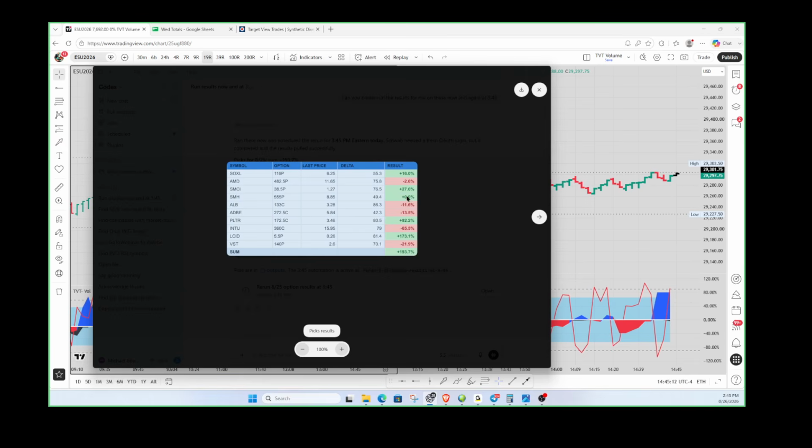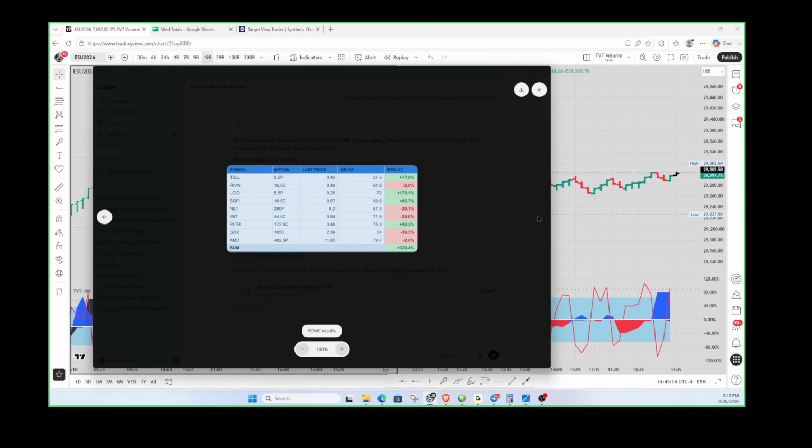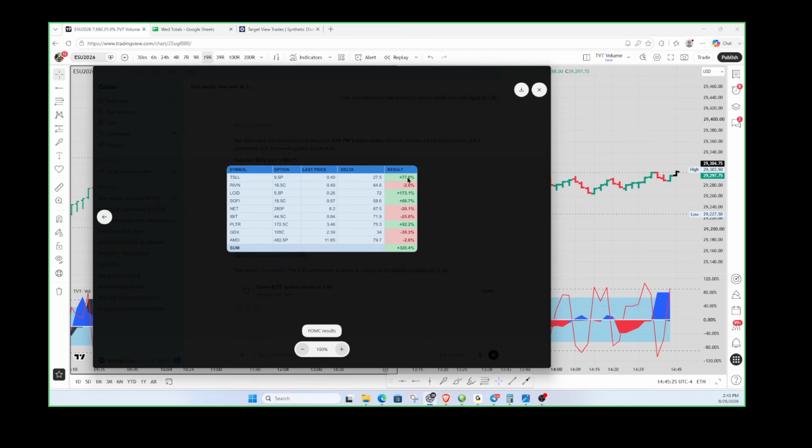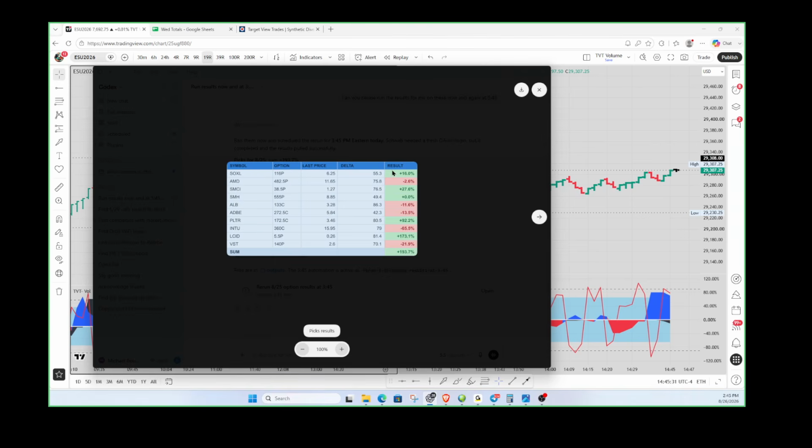Planner is pretty good. It's been a mixed day, and the FOMC is a lot better, but it's mostly in just one thing. The LCIT right there, that was in the FOMC group, I think, wasn't it? Yeah, it was. So 77.6 in the TSLL. The SOXS and the SOXL, that's something I'm going to get into in a few minutes here with you guys.